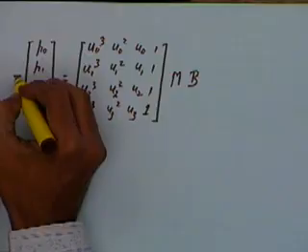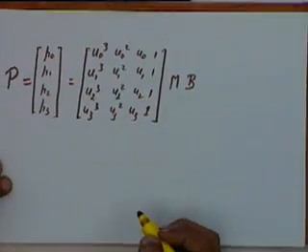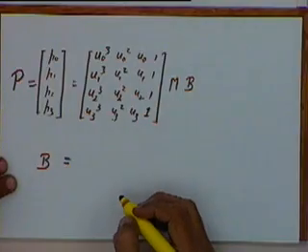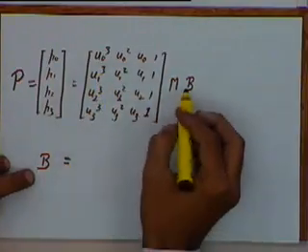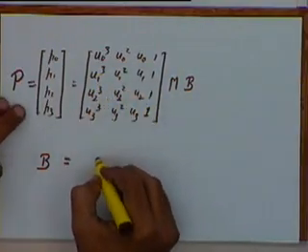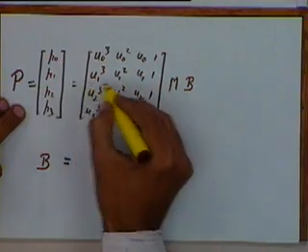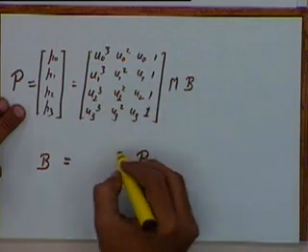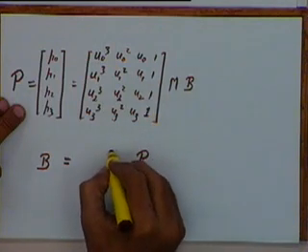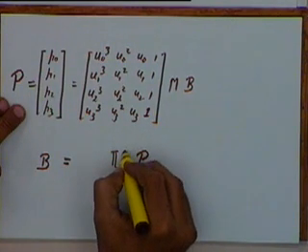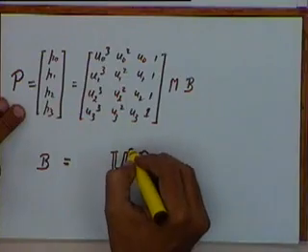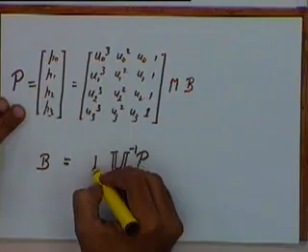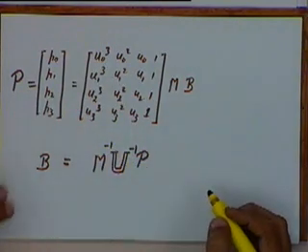Let us say this is a matrix capital P. Now B will be equal to P pre-multiplied by the inverse of this matrix, and pre-multiplied by M inverse.